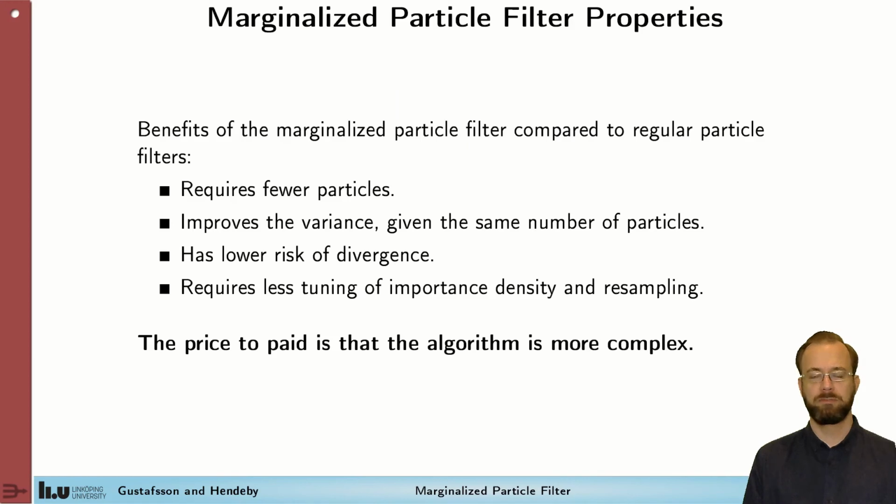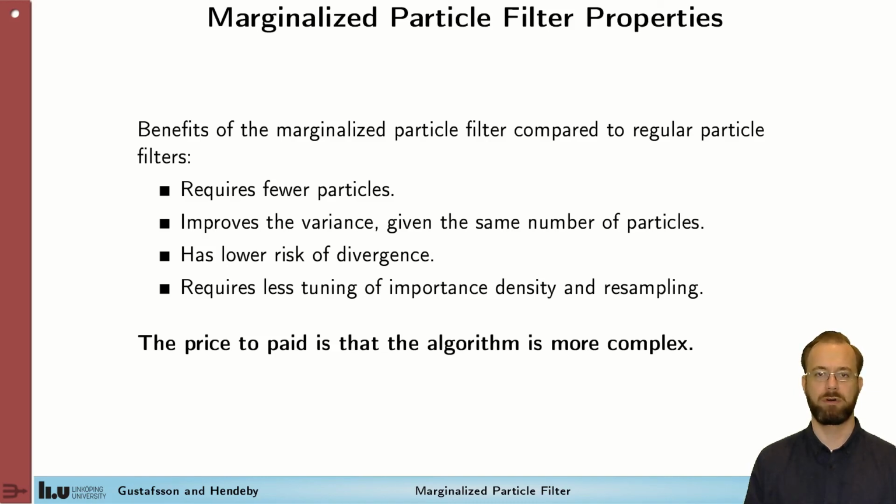The marginalized particle filter has several properties that make it beneficial compared to the particle filter for many problems. One of those is that it requires fewer particles to give good support for the solution. This is due to the fact that we actually use Gaussian distributions to represent dimensions of the problem that can analytically be described by Gaussian distributions instead of using particles.